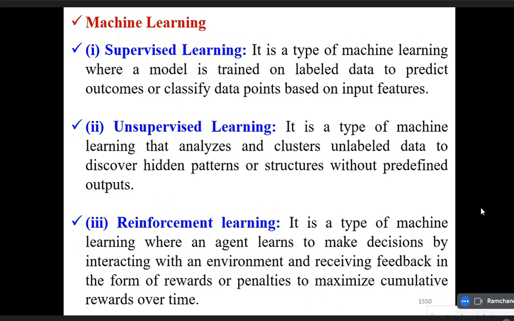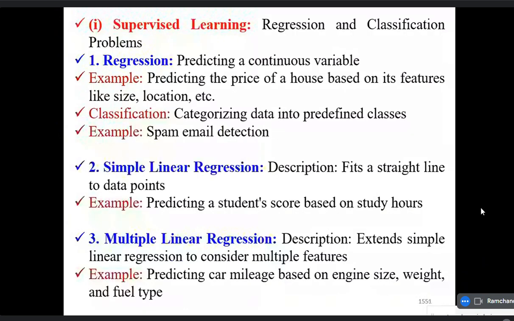We are solving especially gaming applications. Under this reinforcement learning, we are solving so many gaming applications, where an agent learns to make decisions by interacting with an environment and receiving feedback in the form of rewards or penalties to maximize cumulative rewards over time. So, we have the top 5 algorithms in the syllabus I have explained.